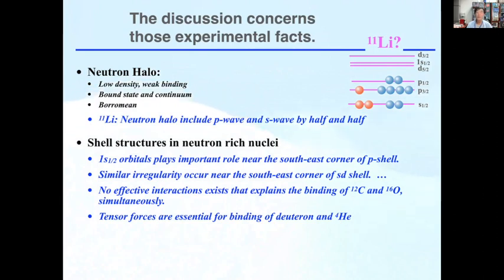But once we go to heavier nuclei and talk about the shell model, we don't treat them explicitly. There are some trials now based on the shell model, but there's no real treatment of tensor interaction yet.